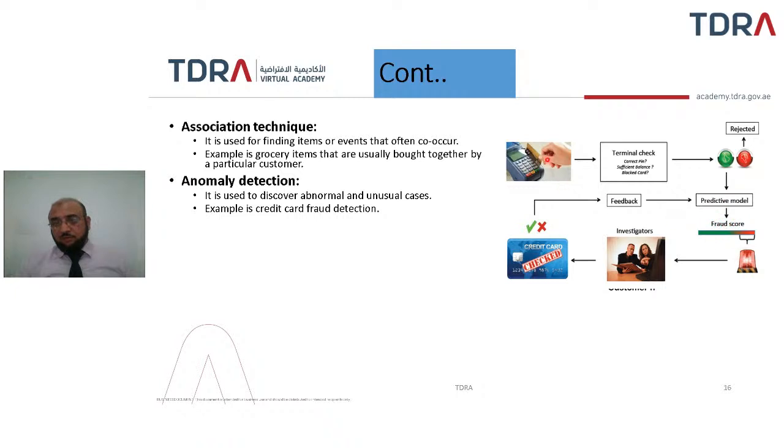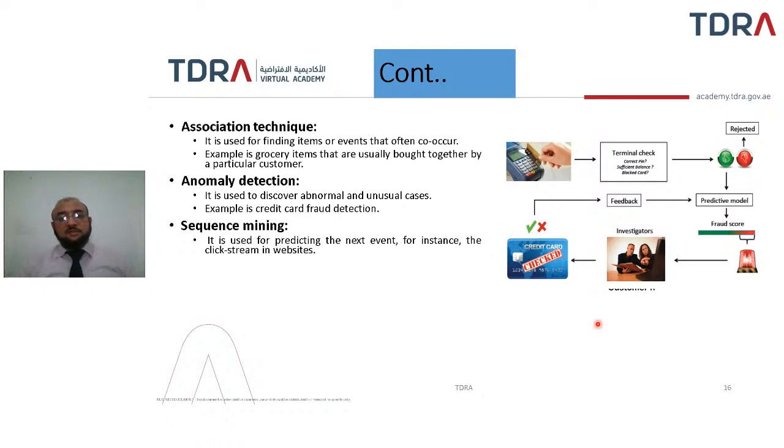For example, when anybody uses the card, the investigator will provide feedback about the card, and this feedback is used by the predictive model, and then the decision is made whether to accept or reject this card. Then sequence mining. It is used for predicting the next event, for instance, the click stream in websites.